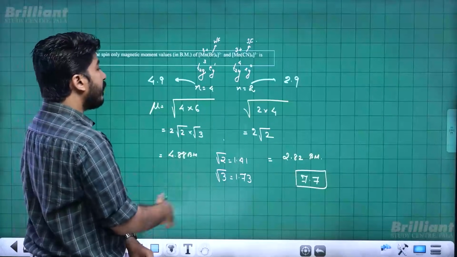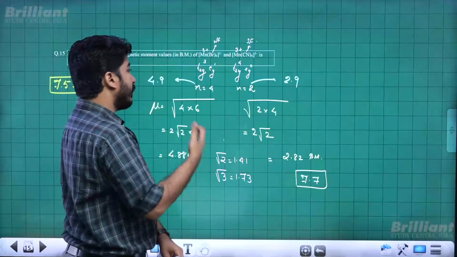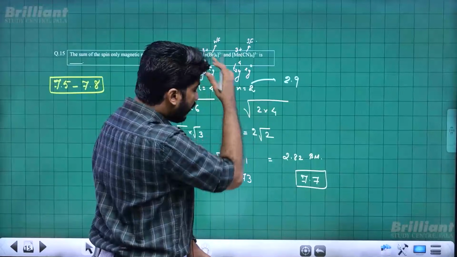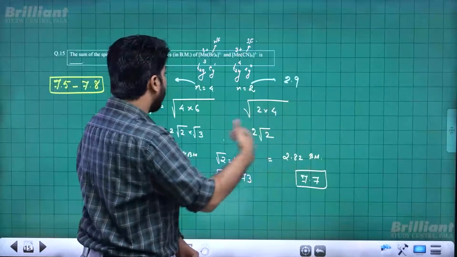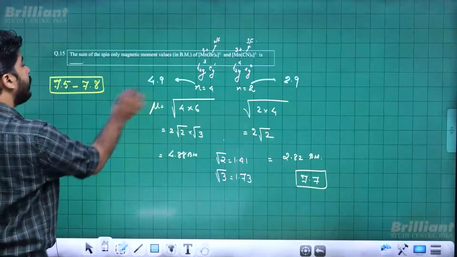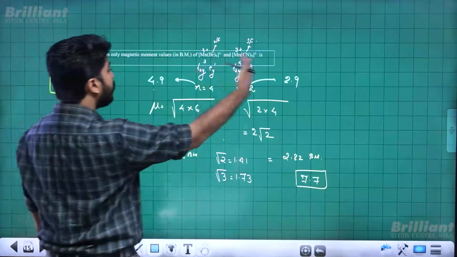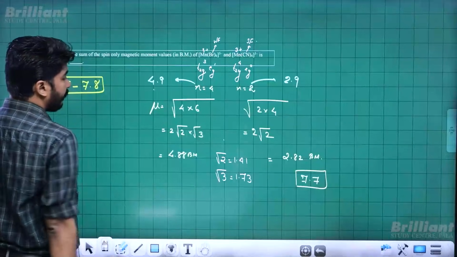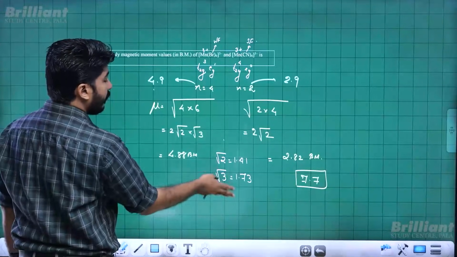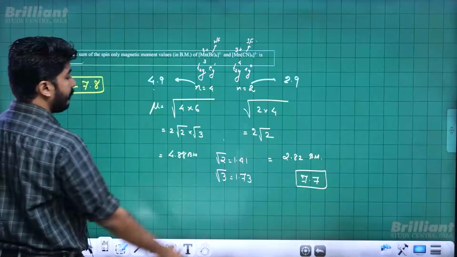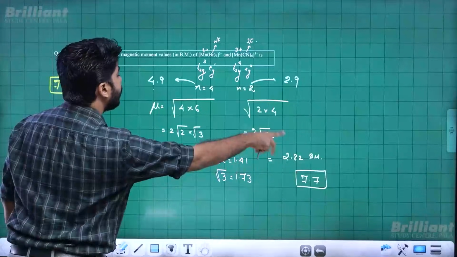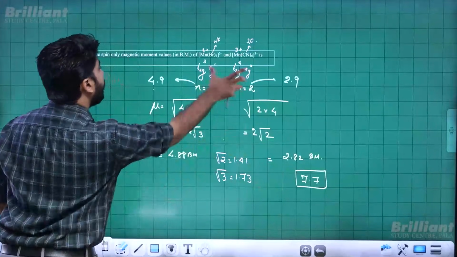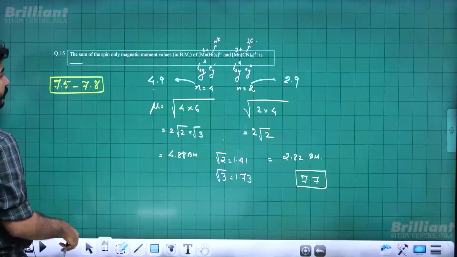If there is 1 unpaired electron, its value is very close to 2, and if there are 3 unpaired electrons, its value is very close to 4. So that general case also will be included in this range. 4.9 plus 2.9 will be 7.8. So whatever values you take, up to 2 decimals or 3 decimals, 1.414, 1.732, everything will be included in this range. So you are safe.